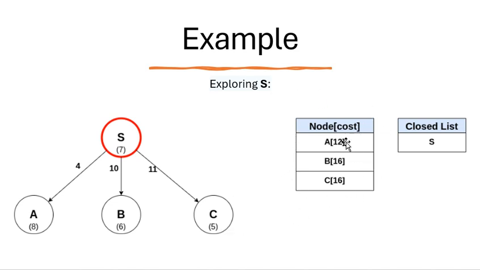The left list that you see here is the open list, and the right one is the closed list. As you can see, the closed list only contains those nodes which have already been explored. In this case, it is S.